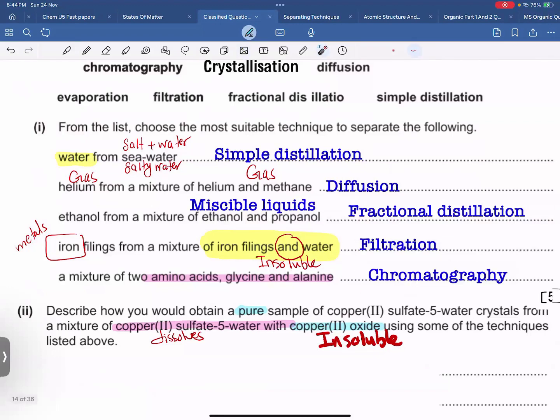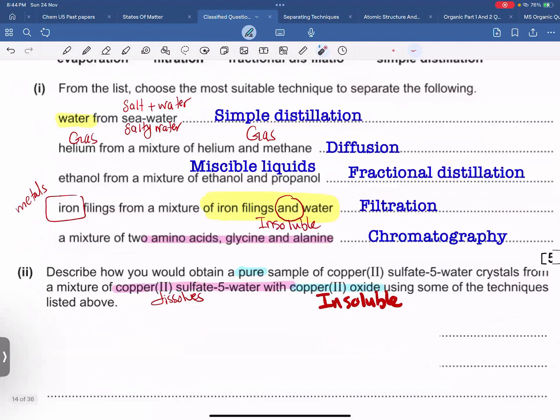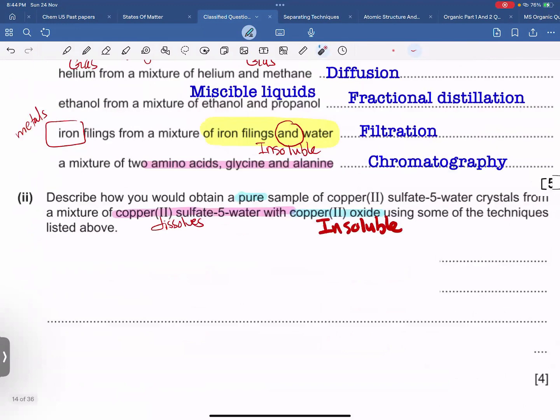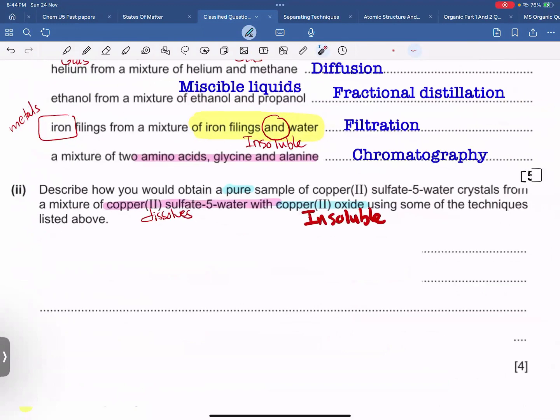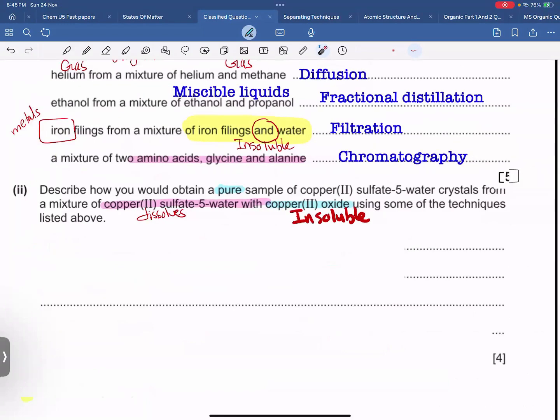Describe how you would obtain a pure sample of copper(II) sulfate-5-water crystals from the mixture of copper(II) sulfate solution with copper oxide. Remember, copper sulfate with water of crystallisation means it forms water after drying.